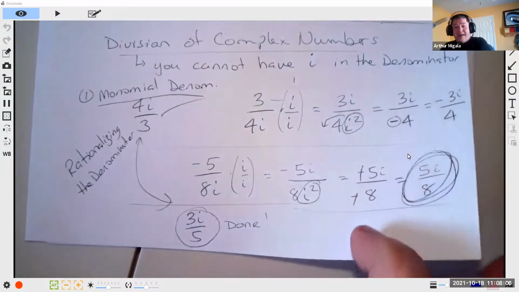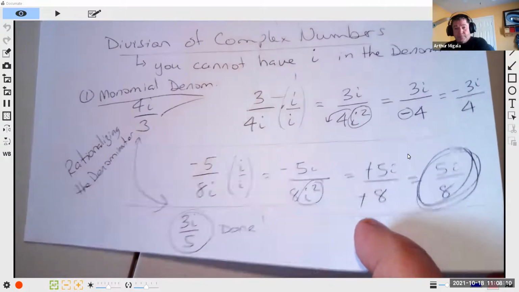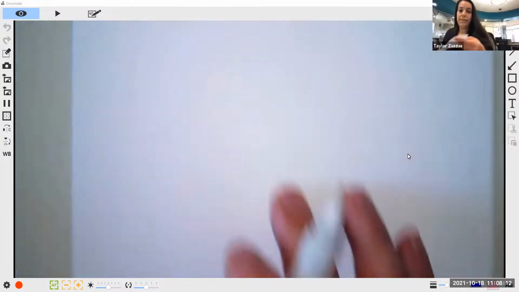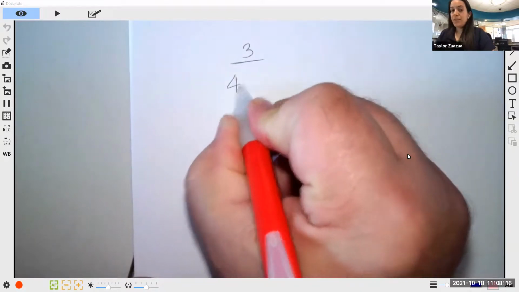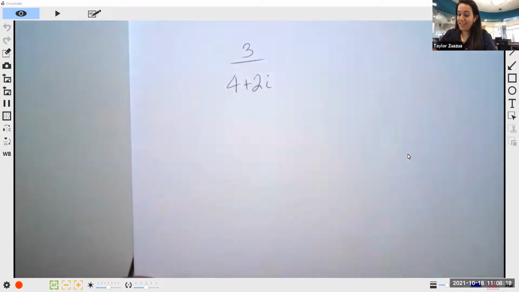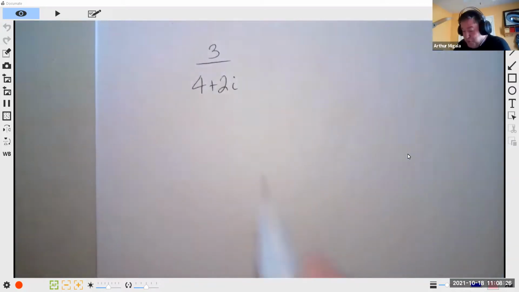Let's look if we have binomials on the bottom. This is where it's going to get very complex. Actually, yes and no, because if you remember what our two basic rules were, then it'll be fixed, no problem.